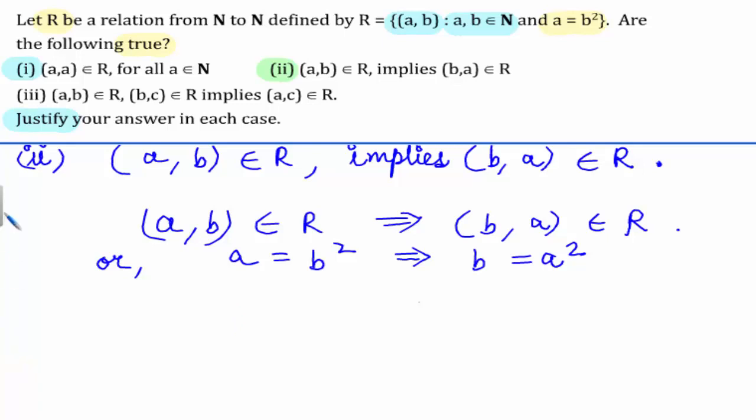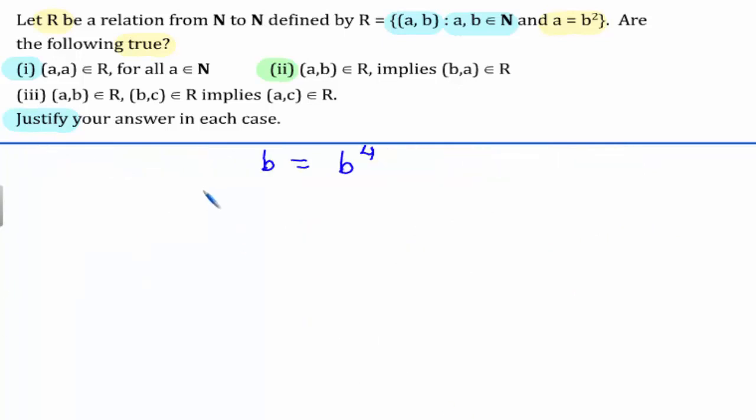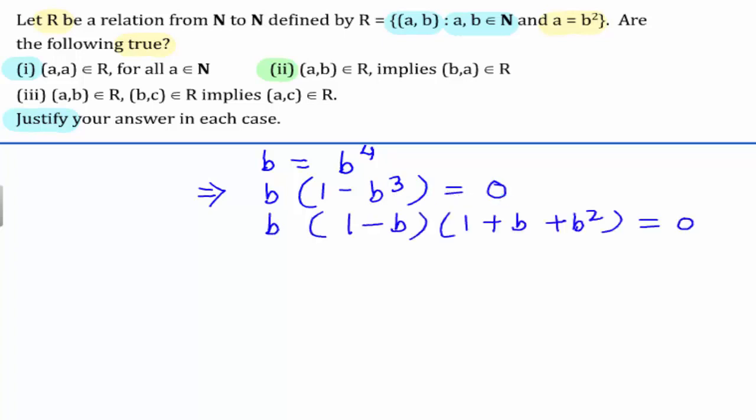So this means b is equal to a square. So in place of a square we can write b to the power of 4. And this implies b into 1 minus b cube is equal to 0. And this means b into 1 minus b into 1 plus b square is equal to 0.